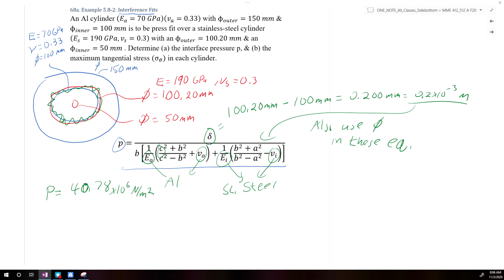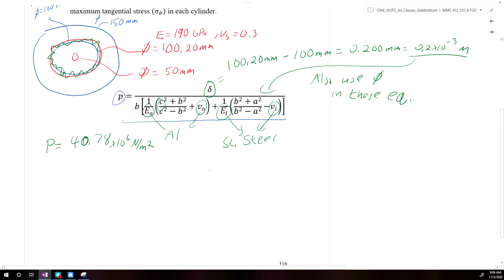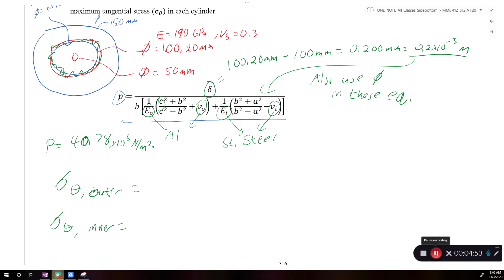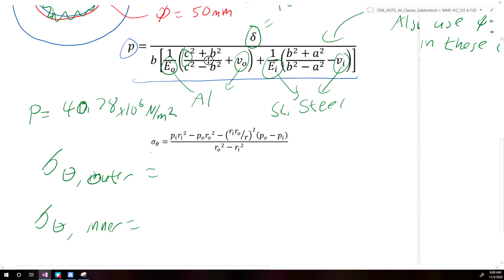What we can then do is find our stresses for our outer element and for our inner element using sigma theta. We're just going to use the following equation for the tangential stress and plug in our values for the outer and inner element.